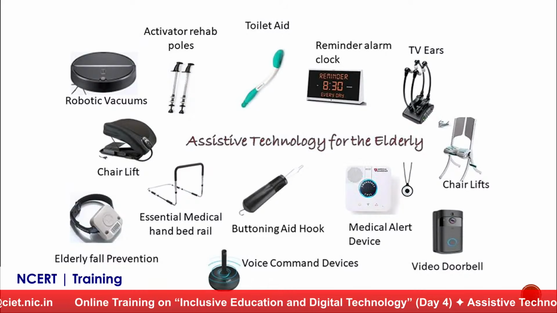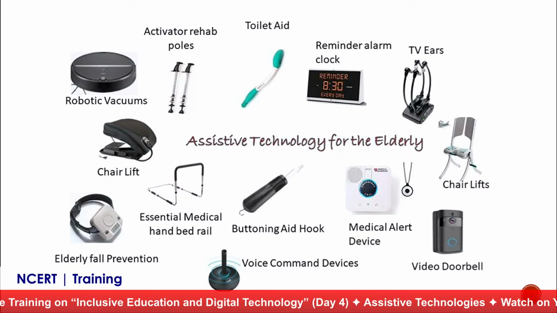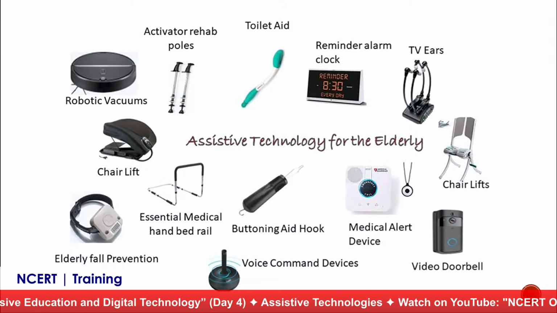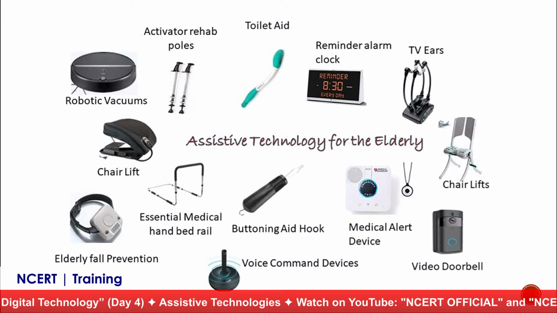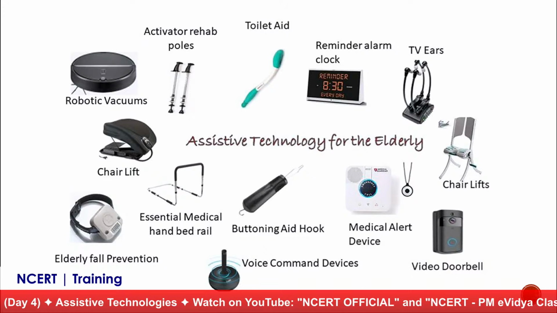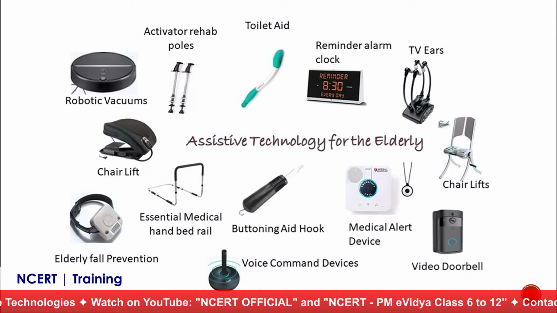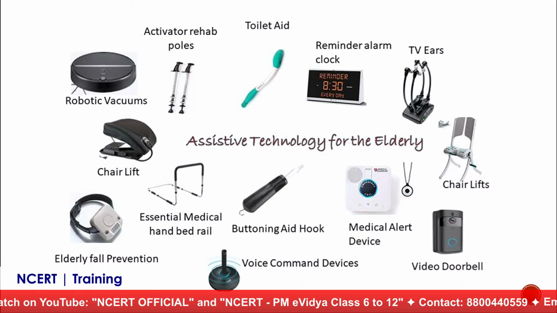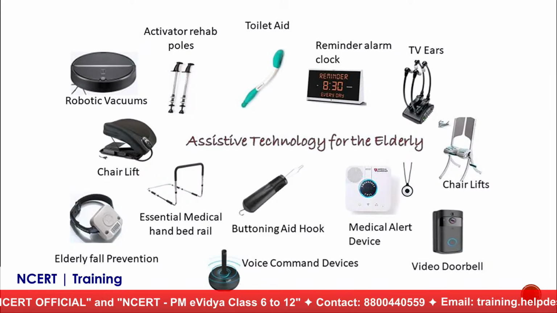But as I told in the beginning of my class, this technology is not just for people with disabilities. The elderly population is one of the important target groups, because as they enter old age, people are forgetful. Their hearing capacity gets reduced, their seeing capacity gets reduced, so they have issues with sight, speech, communication, and cognition.